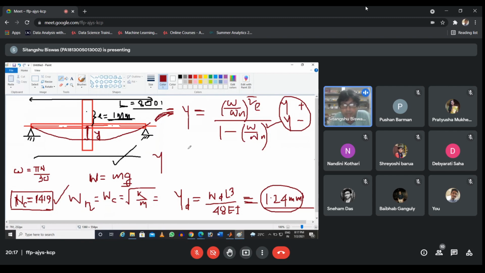So now you put the value of Y as 1.2. If it is in mm, eccentricity was also in mm, so no need to convert, because those are all dimensionless. From here you can put omega 1. First taking Y positive, you take the omega 1 or n1 and find out the value of n1, how much it is.